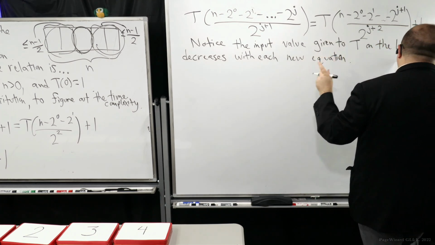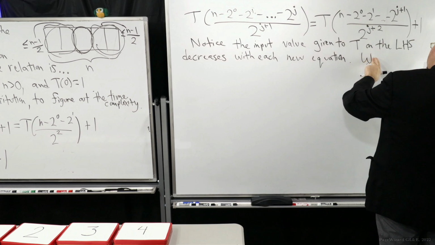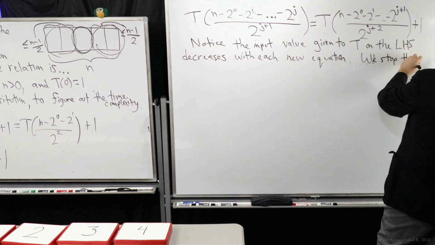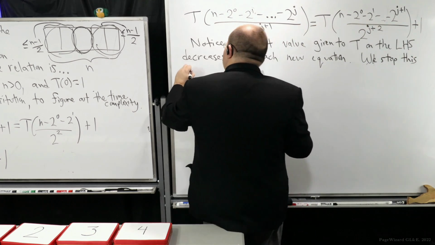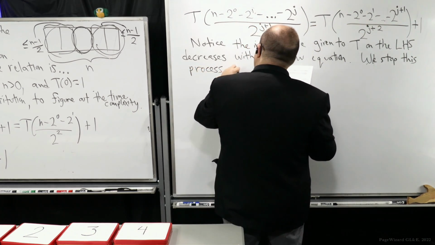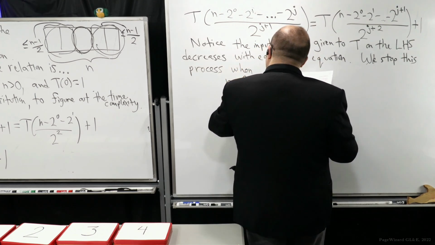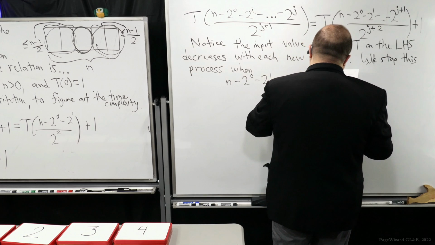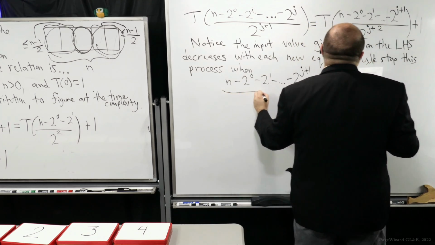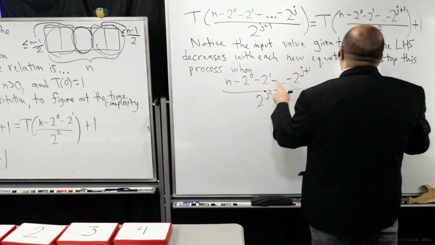So we stop this process when we reach T of 0, right? We stop this process when n minus 2 to the power of 0 minus 2 to the power of 1 minus all the way up to minus 2 to the power of j plus 1, all over 2 to the power of j plus 2. This is after the invocation of this.